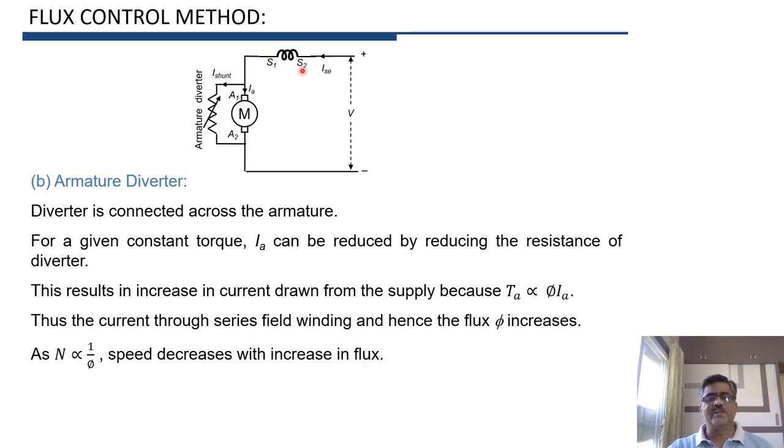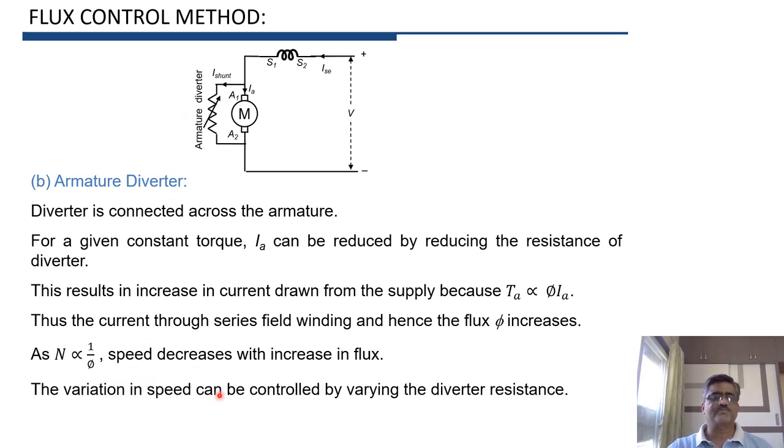And as N is inversely proportional to flux, with increase in flux there is decrease in speed. Therefore the speed of the motor decreases with reduction in armature diverter resistance. So whenever diverter resistance is reduced, the speed of the motor will also reduce.